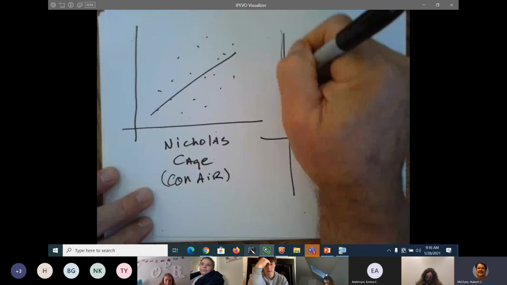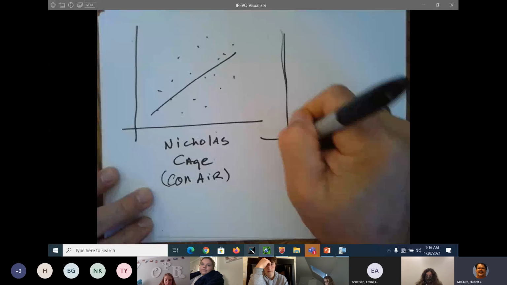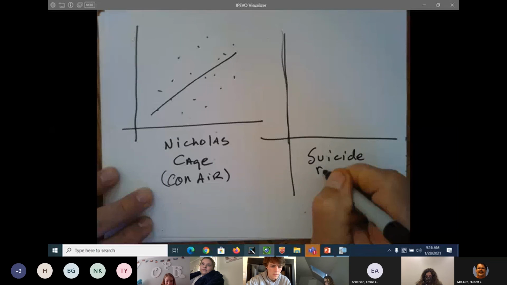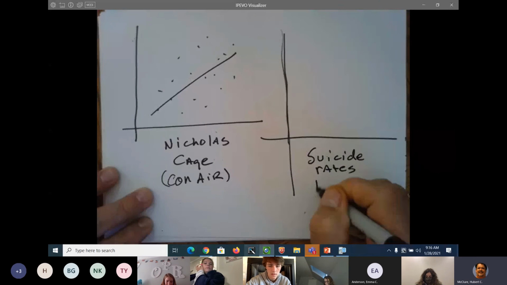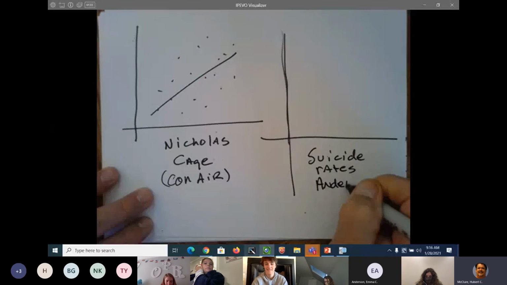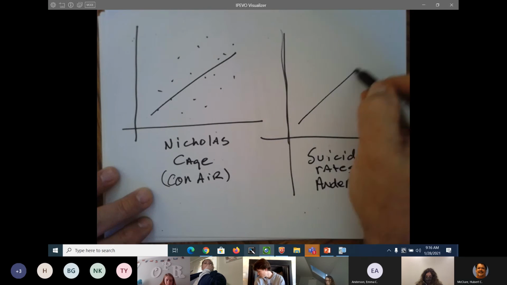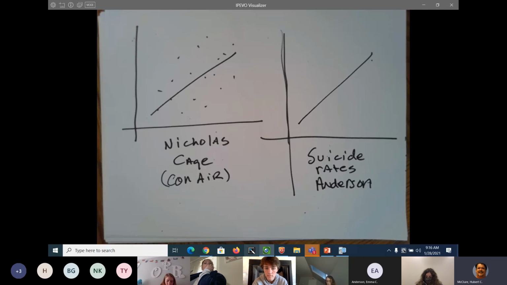Anyway, and this is the suicide rates in Anderson for that same week or same month, or however long a movie runs. So does this mean that Nicolas Cage movies make you commit suicide?